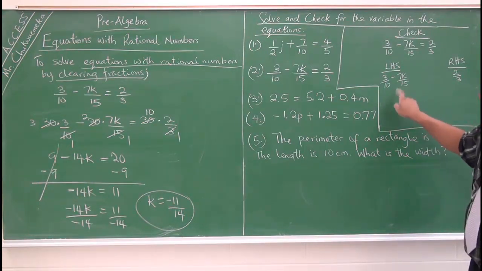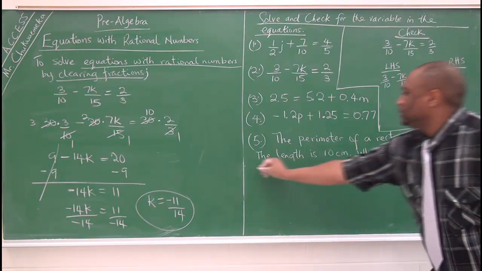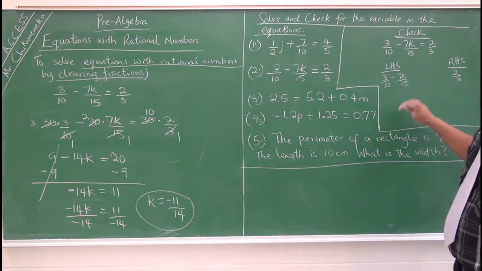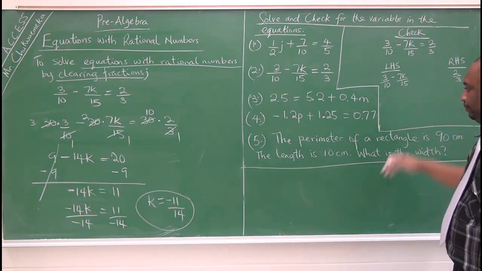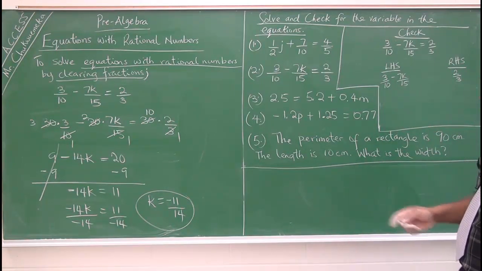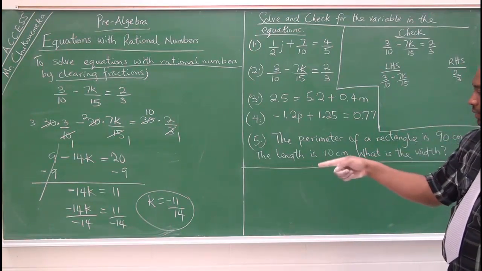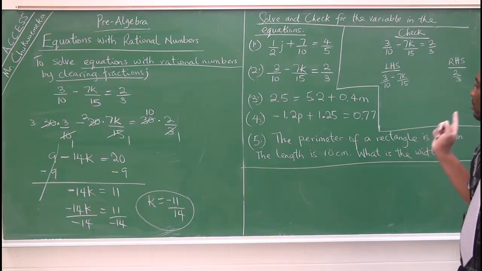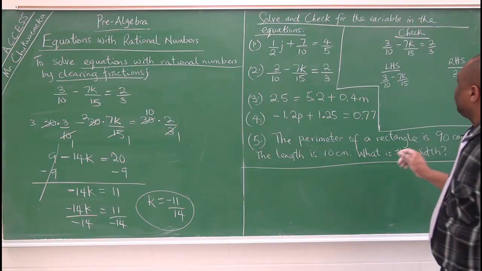I don't have a lot of space, so I will probably just do it here. But you understand what I'm saying? So, we now substitute for k. We got k as negative 11 over 14. Let us see whether we are right or wrong.